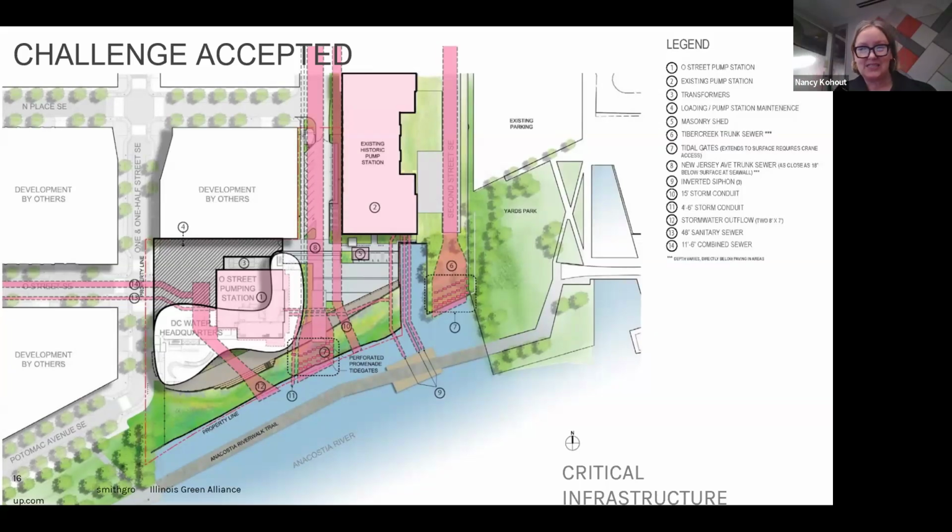A lot of that existing infrastructure was like clay and brick pipes and tunnels, fragile, that we designed a building to be built over and also tie into. So it was not without a challenge. The two pumps on this site handle 70% of the district's sewage and stormwater.